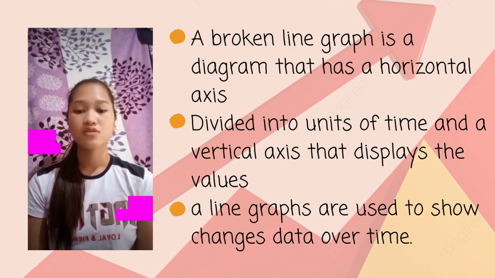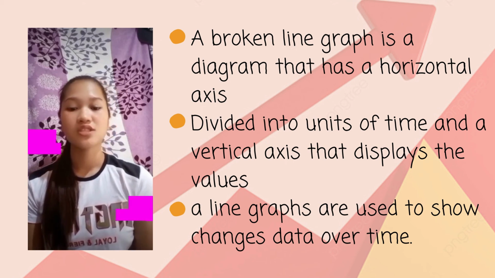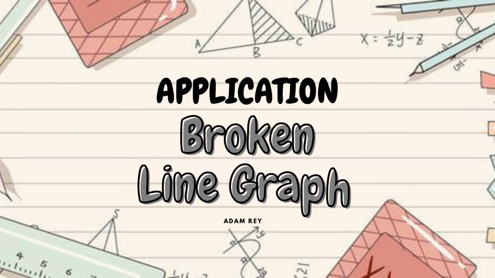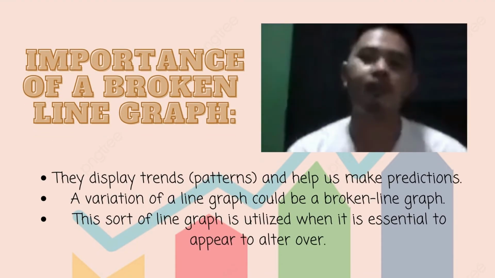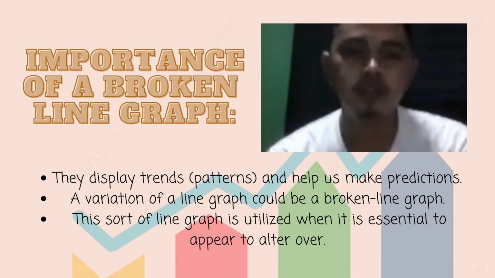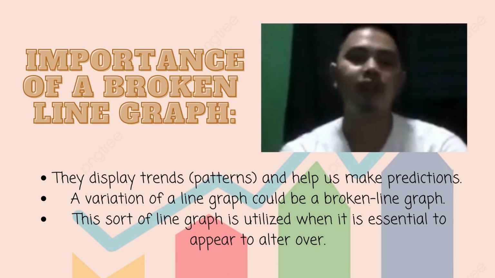Broken line graphs, also called line graphs, are used to show changes in data over time. They display trends and patterns, and help us to make predictions. Use and importance of broken line graphs.